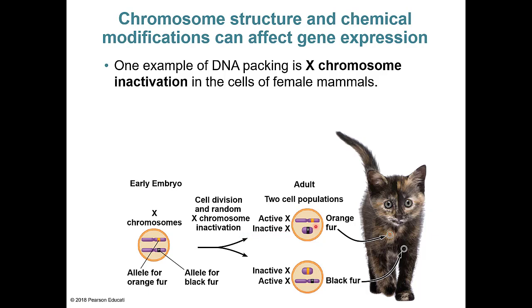If we inactivate the one with the black allele, we see a splotch of orange fur, where those cells then divided. We have the cell that inactivates the black, it expresses the orange, and there's a clump of cells there that came from that one cell that has the black one inactivated. And then we have a clump of black fur where the orange one has been inactivated. Once again, we don't see this in males because males only have 1 X chromosome.